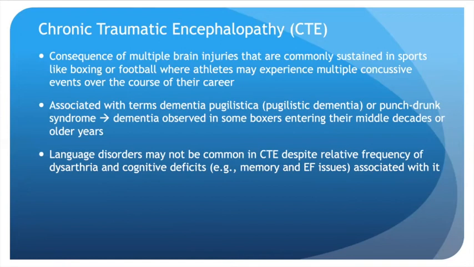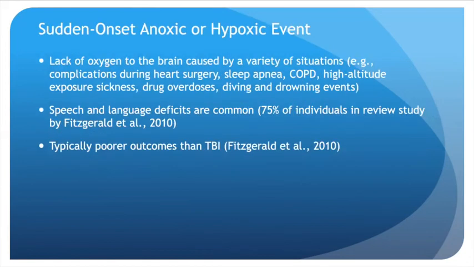I'm not sure if you're familiar with Muhammad Ali, but he had what was referred to as pugilistic dementia as he grew older, and he lost a good amount of his cognitive and linguistic skills. That being said, language disorders may not be common in CTE, despite relative frequency of dysarthria and cognitive deficits, for example, memory and executive function issues that are associated with it.